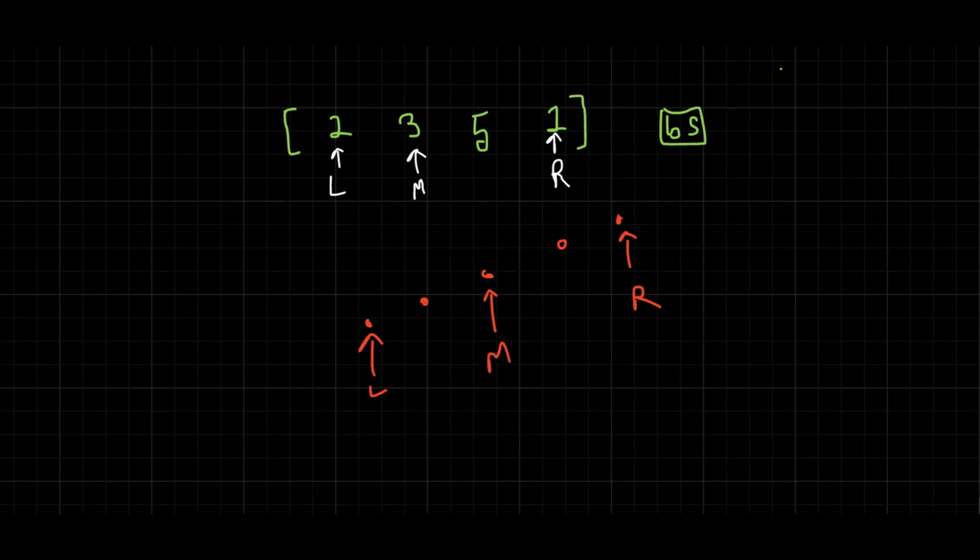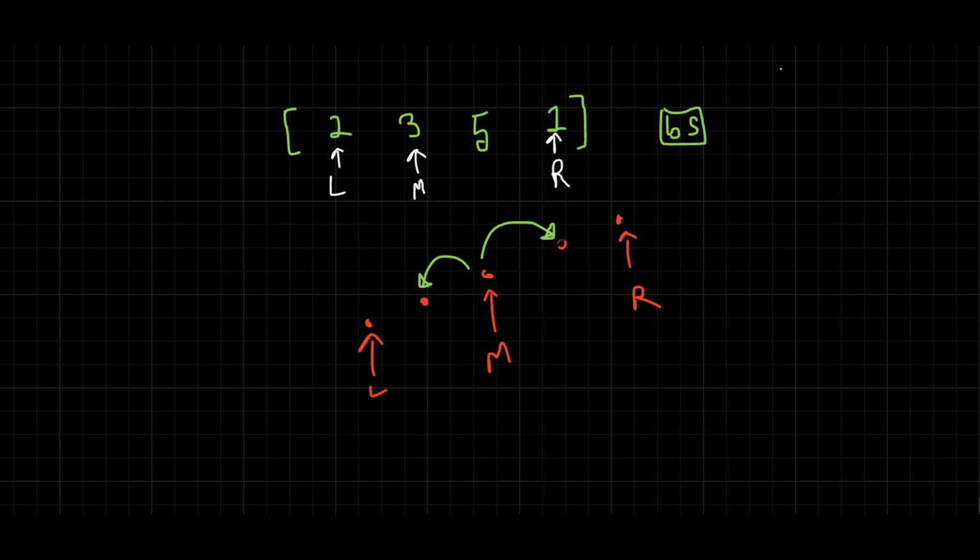Now, for this mid value, we can check that the next value is greater than mid and the left value is less than mid. So, in which direction is it optimal to search for the solution? Obviously, the optimal direction will be the right part because in the right part, we can find one of the peak elements.